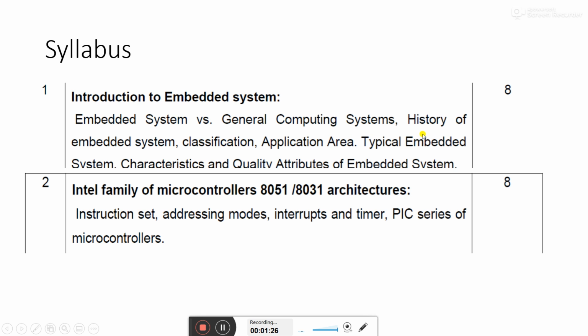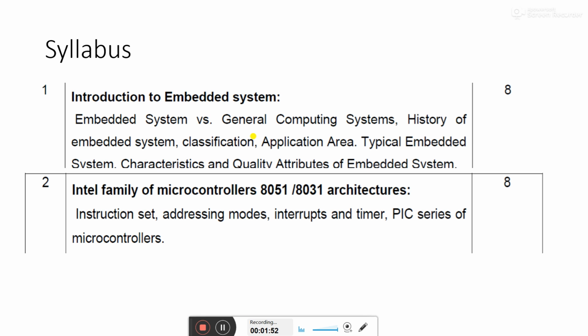Next we will learn the history of embedded systems, how embedded systems grew in our history, how we can classify them, what application areas the embedded system can be used in, and the typical embedded systems which are important for understanding, and their characteristics and quality attributes.